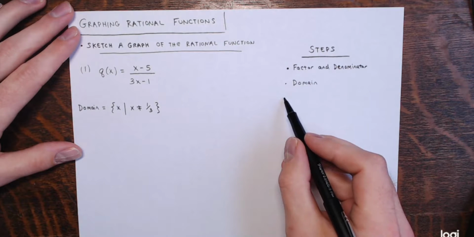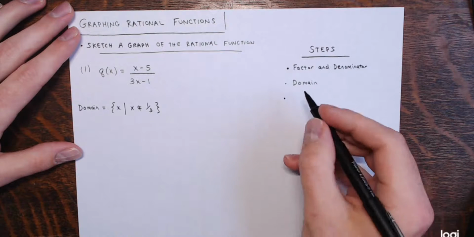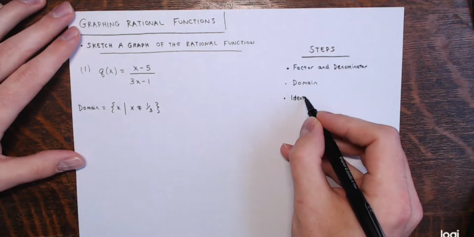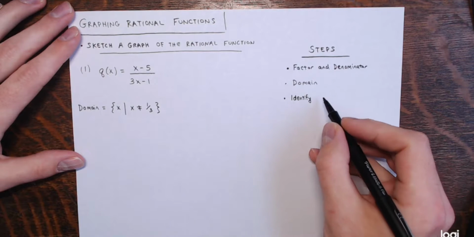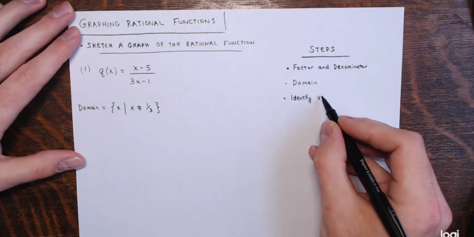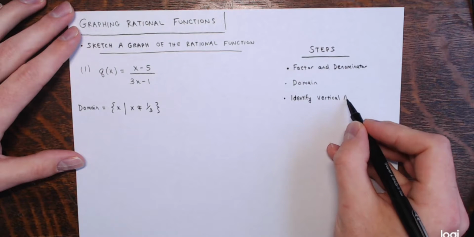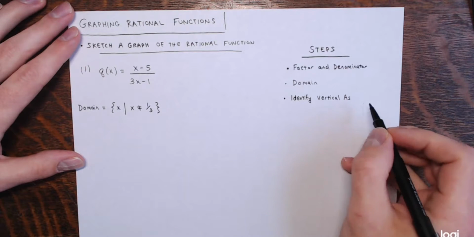Then I identify any vertical asymptotes or removable discontinuities, and again I'm assuming you know how to do this from a previous video.